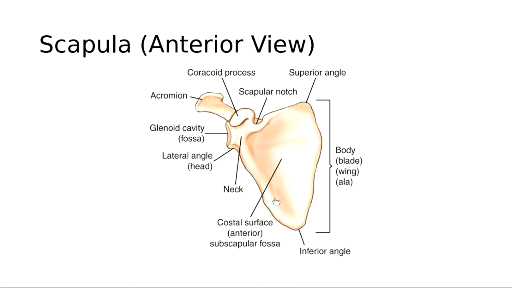This entire thing here is the body of the scapula. Inferior angle, the costal surface or the anterior surface, also referred to as the subscapular fossa. This would be the lateral or the axillary border. Then you've got the neck of the scapula, the lateral angle, the glenoid cavity or glenoid fossa right here. Quite a few parts on such a little thin bone.